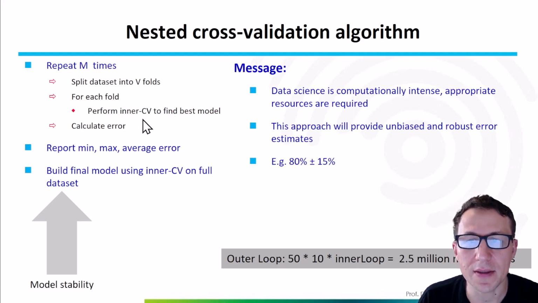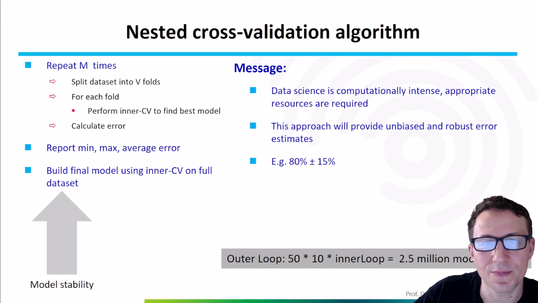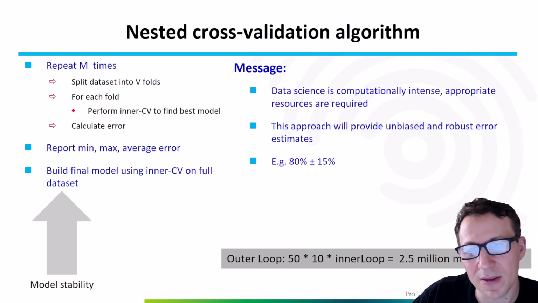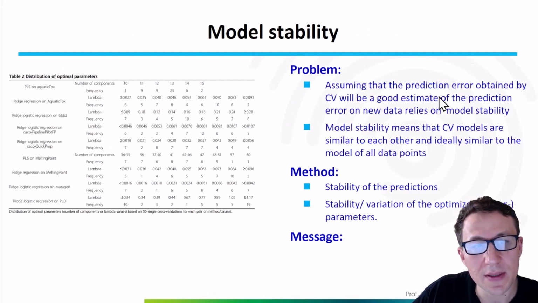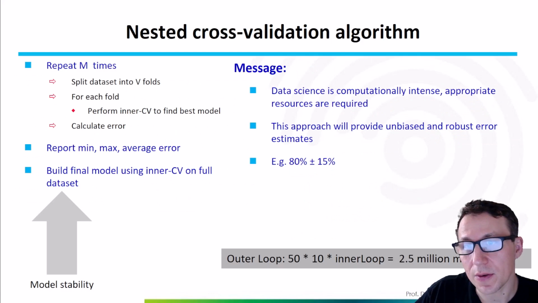The other thing is to check the hyperparameters. The models you obtain here should have similar hyperparameters. It shouldn't be that you get a model with 3 parameters and another one with 20 parameters. And if you have model stability, this means you can be pretty sure about the model you obtain by your final call, which is what you do at the end: you call the inner loop on the full data set.